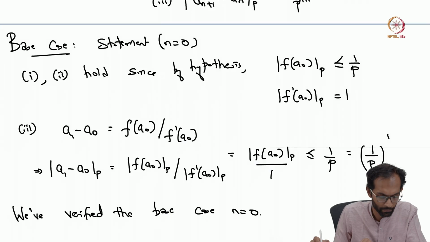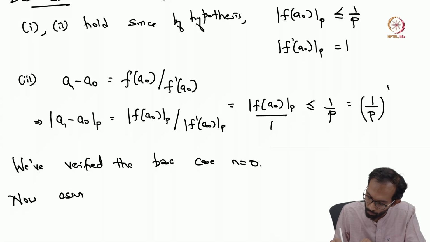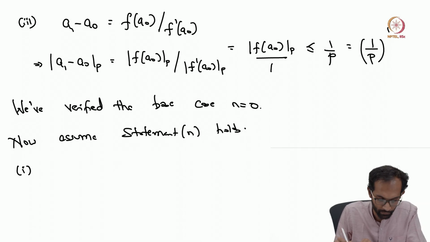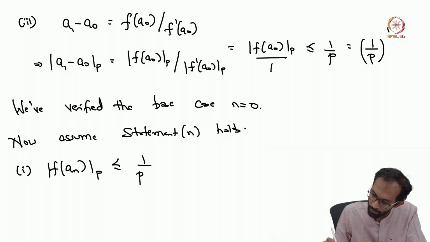n equals 0. And so now assume that the case holds for n. So now assume that statement n holds. So what we have is that the p-adic absolute value of f(a_n) is less than or equal to 1 over p raised to n plus 1.